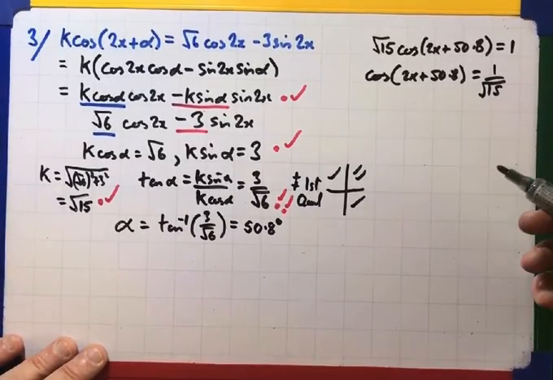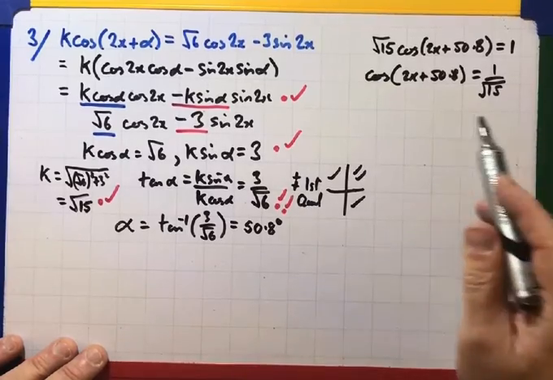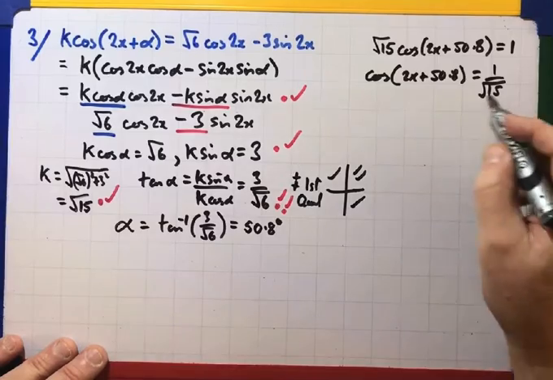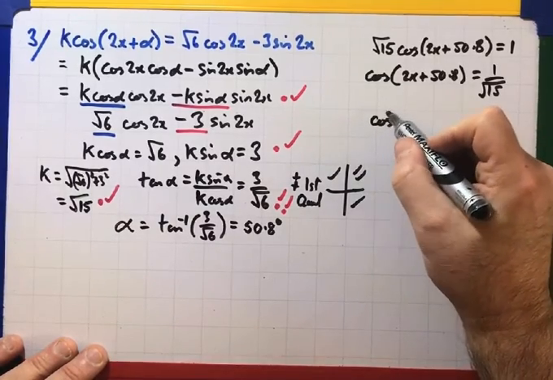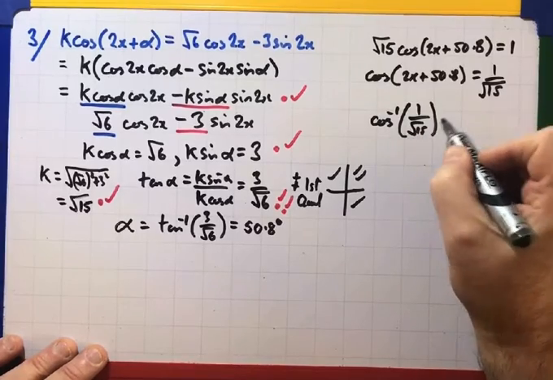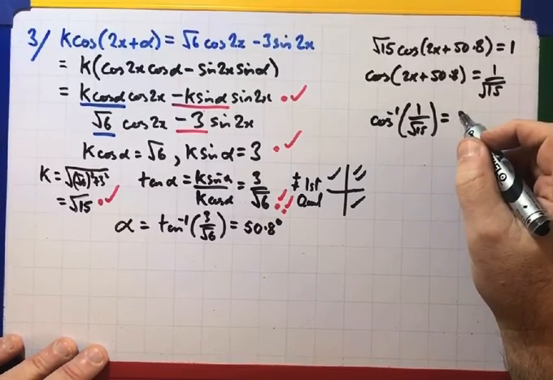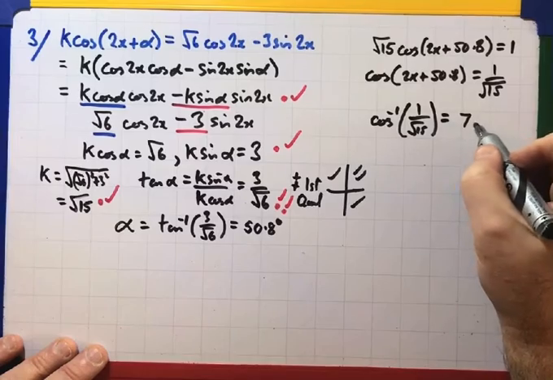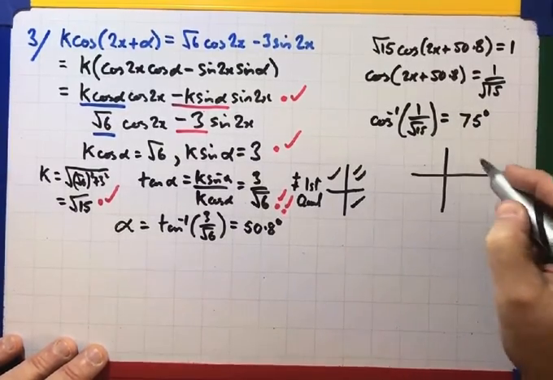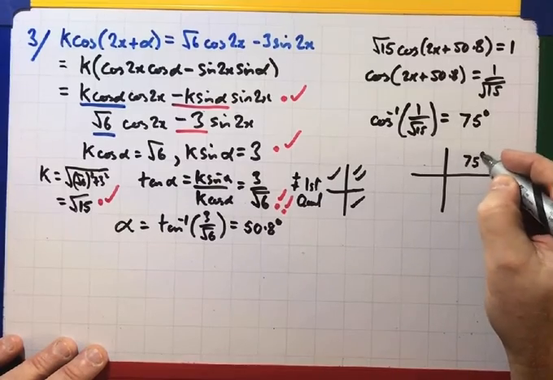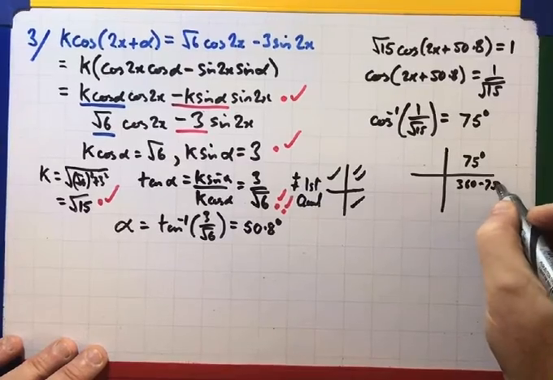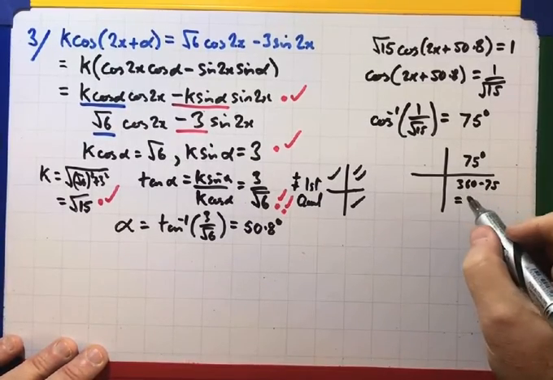We're going to work out what the angle is first, so we're going to do inverse cos. Remember, we're going to solve it for the bracket first and then take it further. So inverse cos of 1 over root 15 gives me 75 degrees. But because cos is positive, we know we've either got the first quadrant angle, which is 75, or 360 minus 75, which will give you 285.